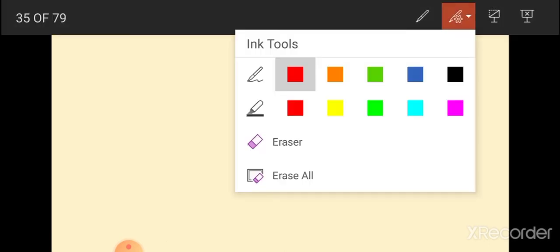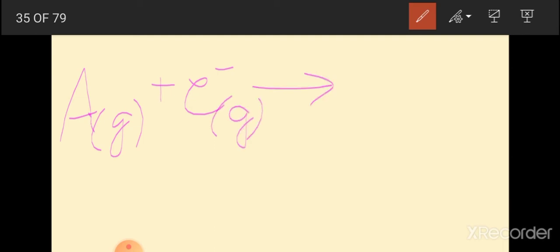Let's see how we can define it by writing a simple equation. This is a gaseous atom. We are adding an electron to it. What will happen?